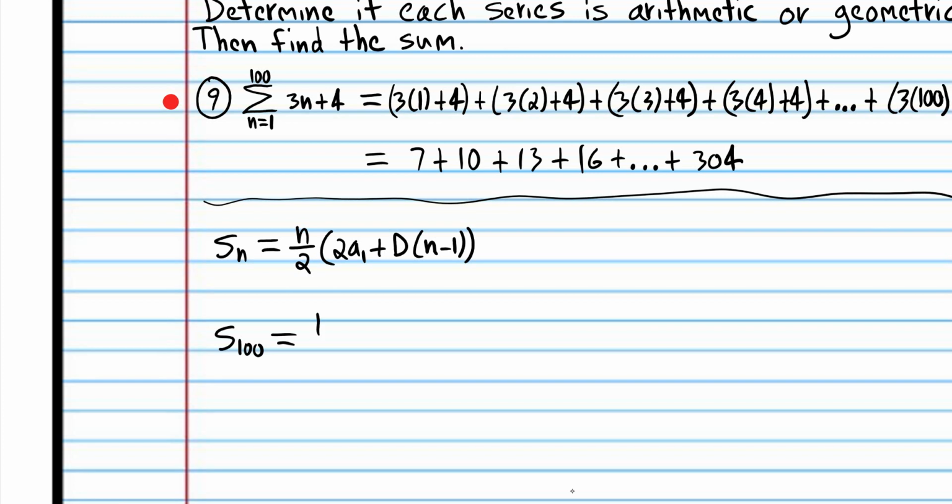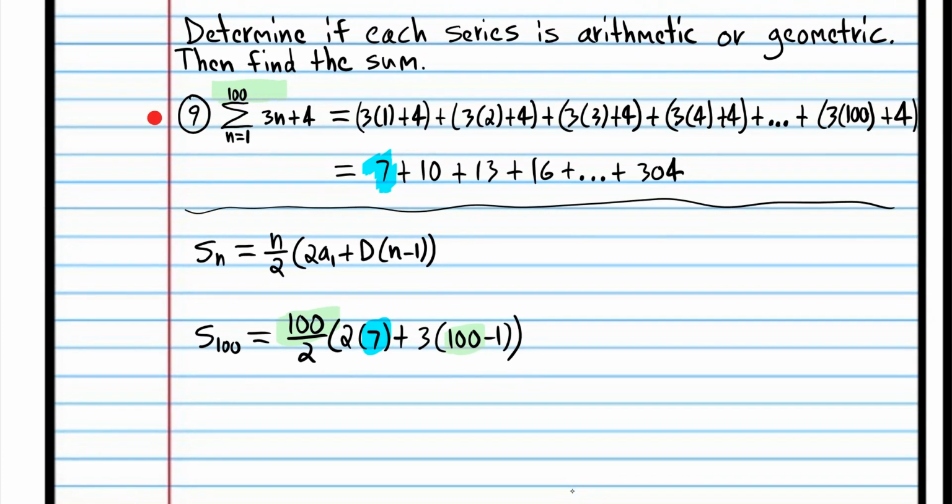N is equal to 100. The first term is 7, and the common difference is 3. And again, n is 100. So I got that n value from here, and I got the first term that came from there, and the common difference we actually calculated.